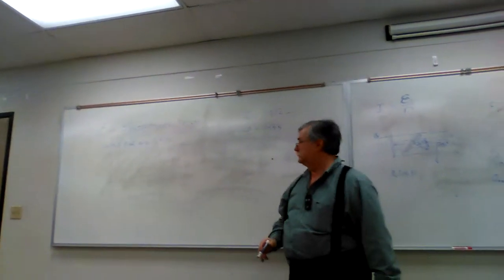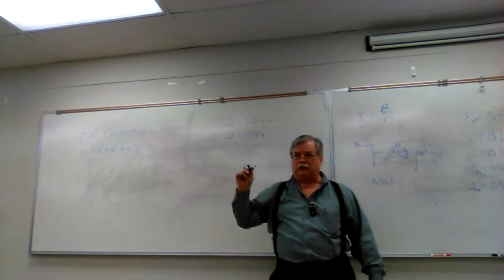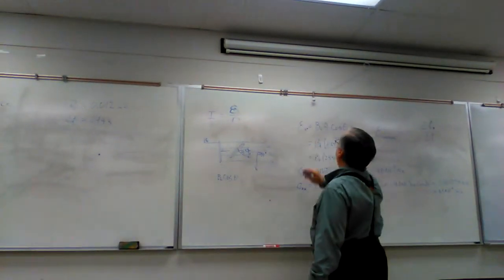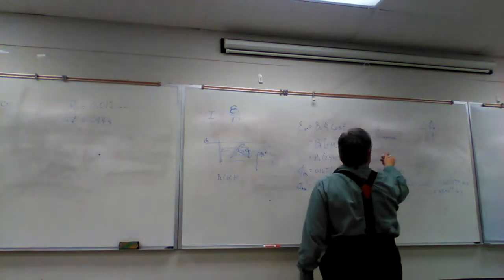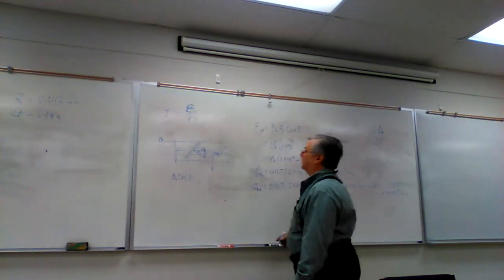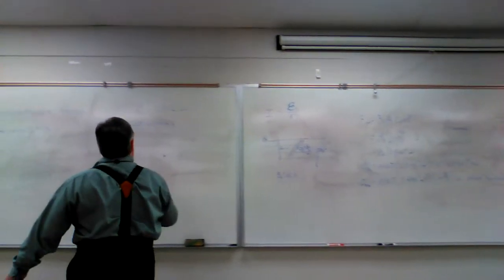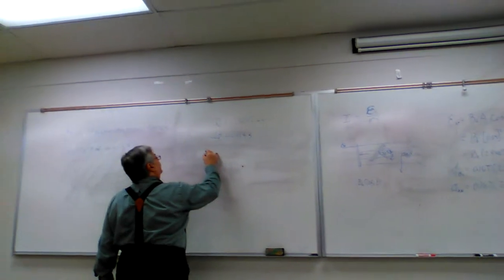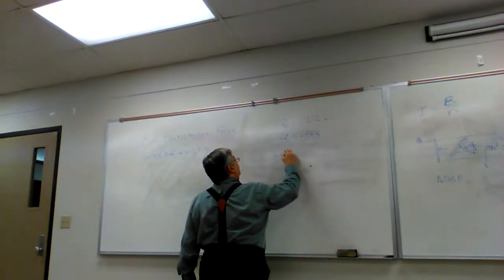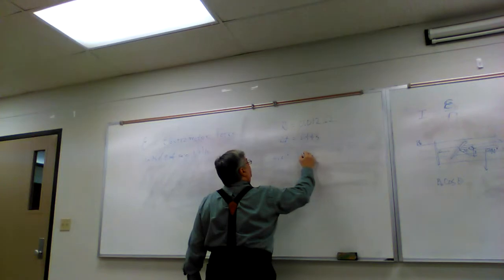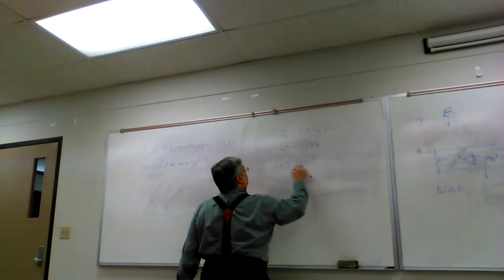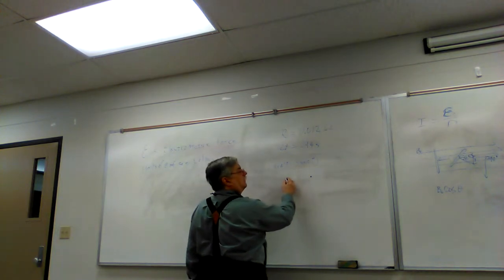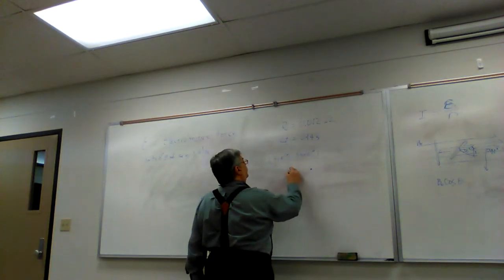So, how much current is going to be induced? Well, we know that the EMF is going to be the change in the flux per change in time. So the change in flux is going to be 4 times 10 to the minus 4 minus 3.5 times 10 to the minus 4, divided by 0.14 seconds.